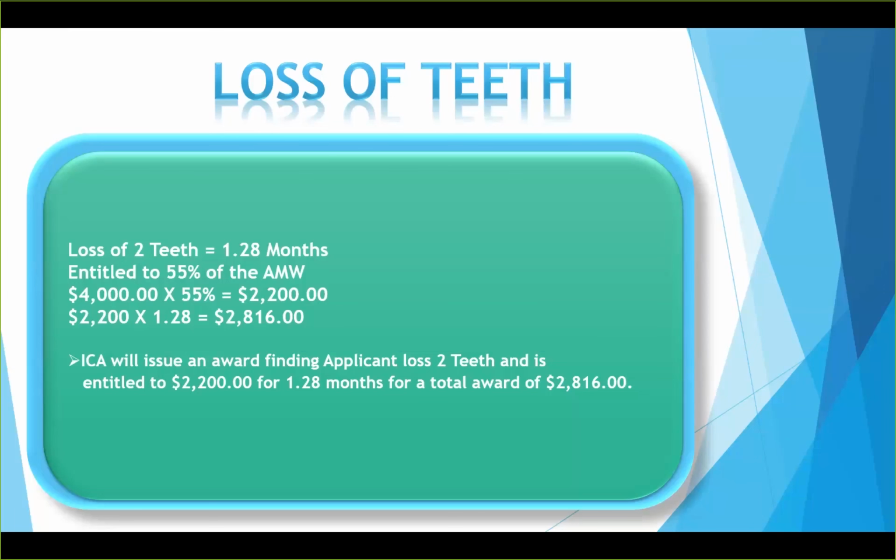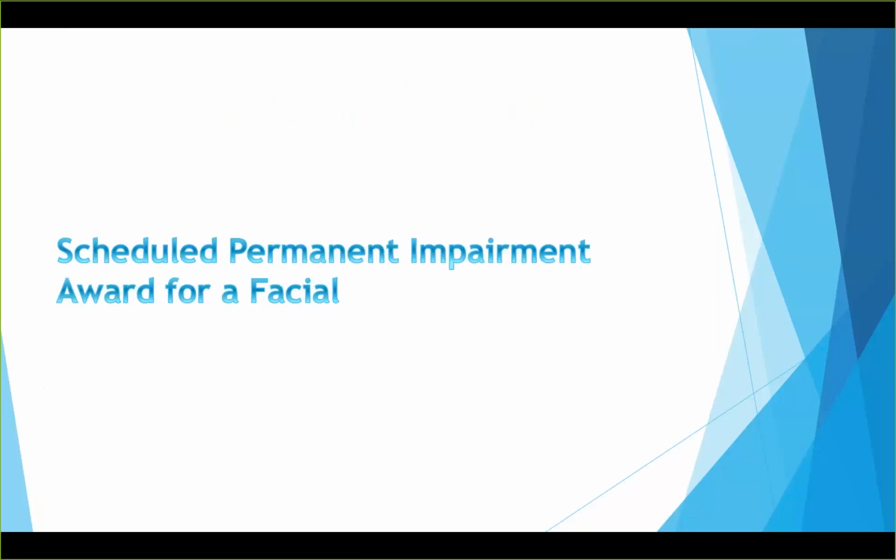In this example, that being $4,000 gives a $2,200 monthly entitlement, multiplied by the 1.28 months for a total award of $2,816. And we will issue an award finding applicant lost 2 teeth and is entitled to $2,200 for the 1.28 months for a total award of $2,816.